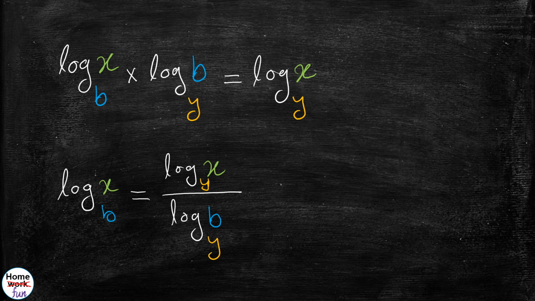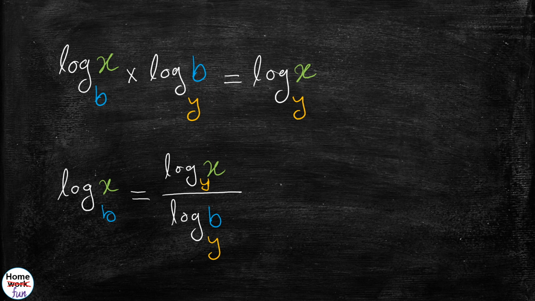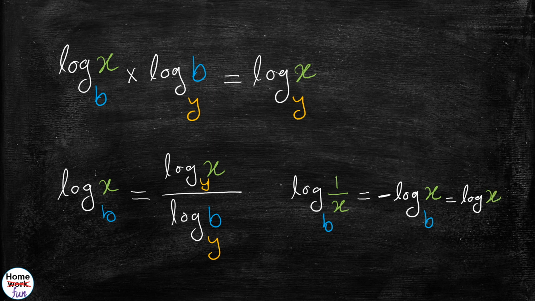Now let's mention some common rules that you will see often. More rules. For example, log of 1 over x with a base b is equal to negative log of x with a base b, or to log of x with a base 1 over b.